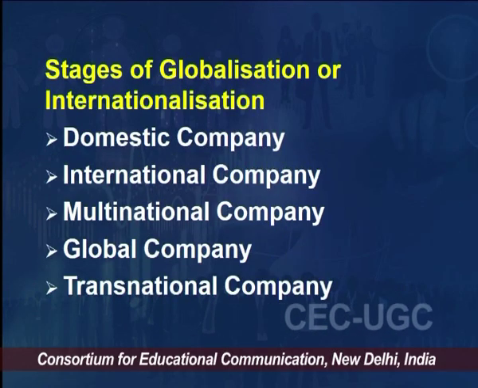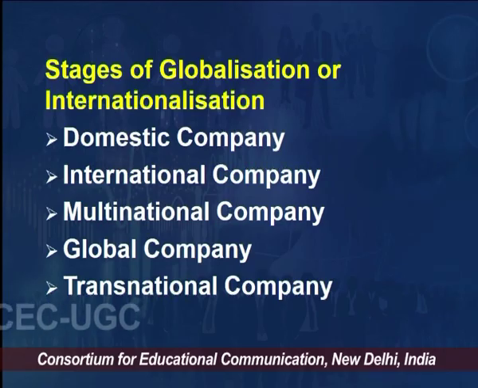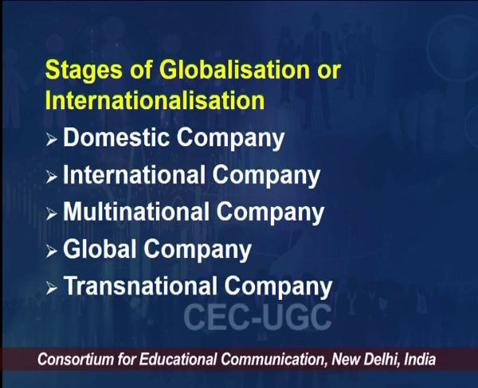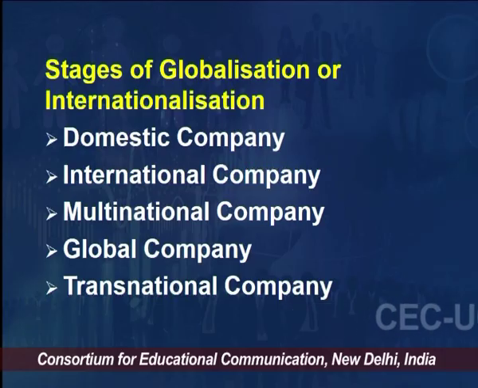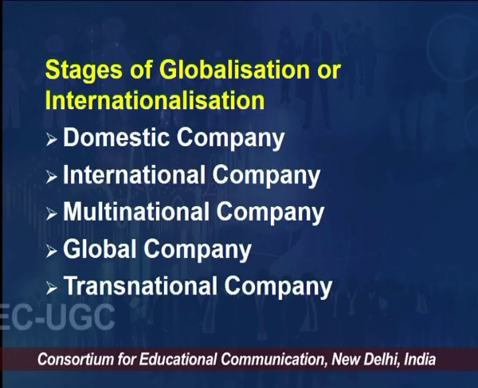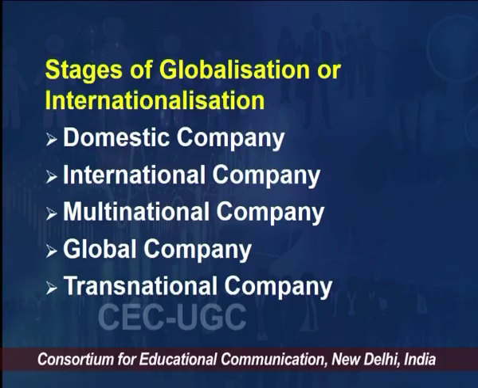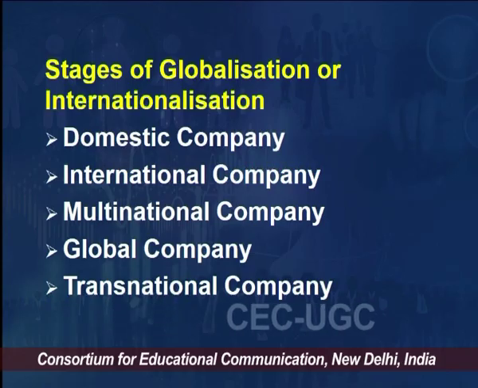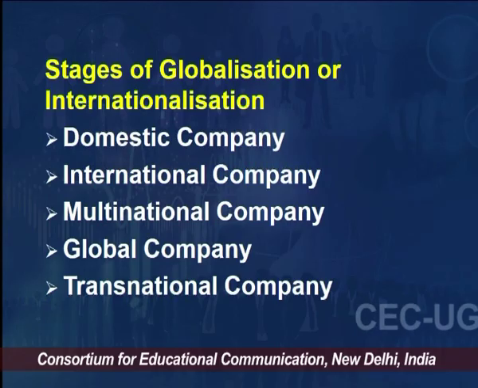If we see the stages, we find that initially the company may be a domestic company, then it will become an international company, then when it works in more than two countries, it becomes a multinational company. Then it may become a global company, and finally a transnational company. So, we will discuss each of these stages one by one.